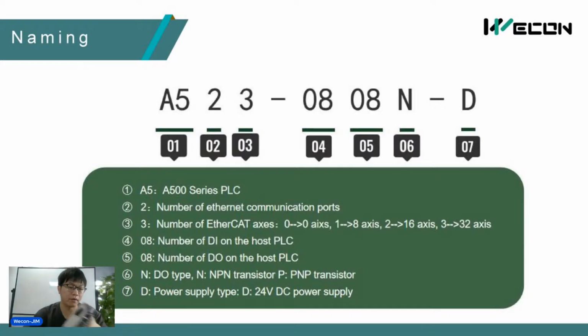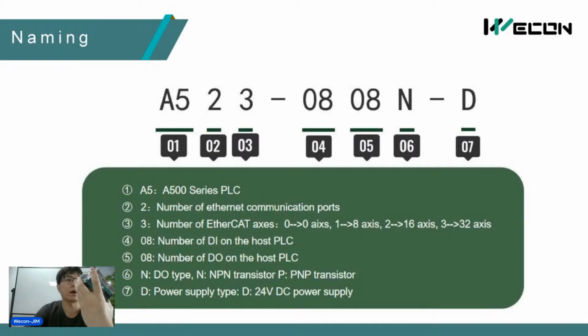For this type it's 2, because here you can see only 2 RJ45 ports. The third parameter is how many EtherCAT axes can be connected to the PLC. 0 means not supported, and we can support up to 32 EtherCAT axes.